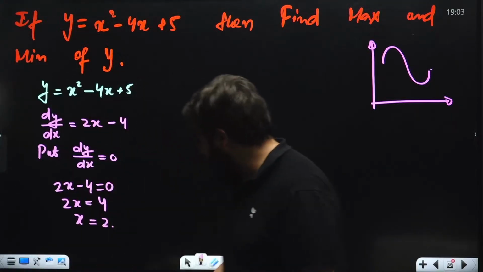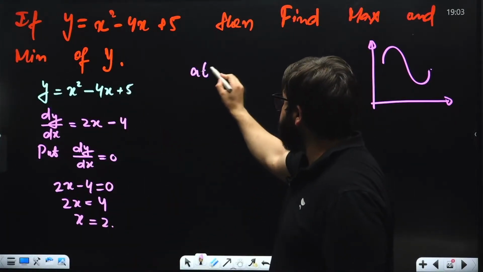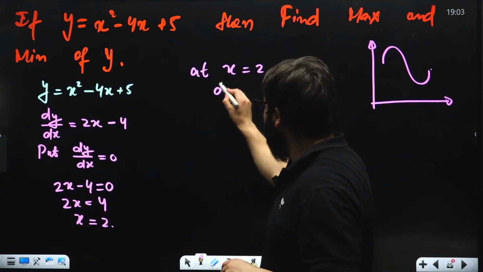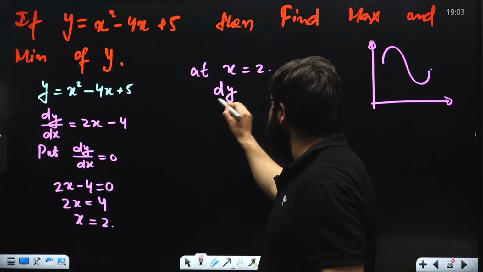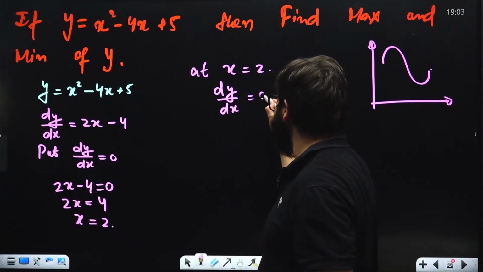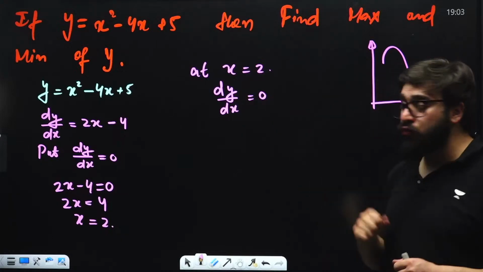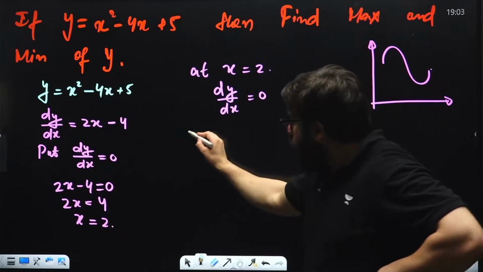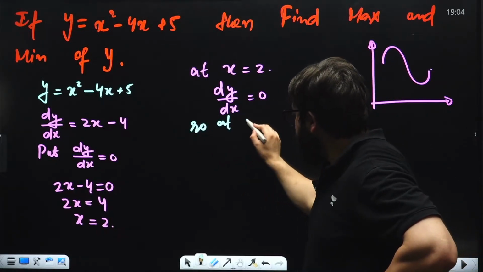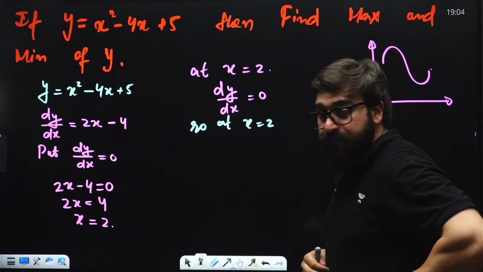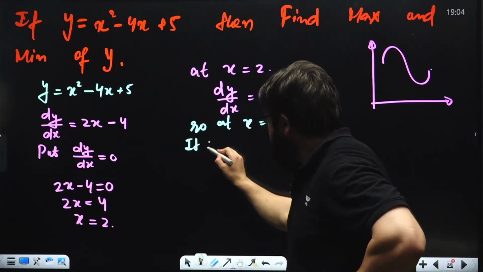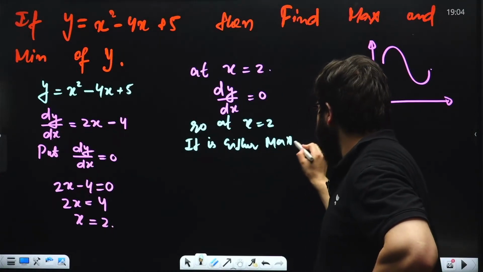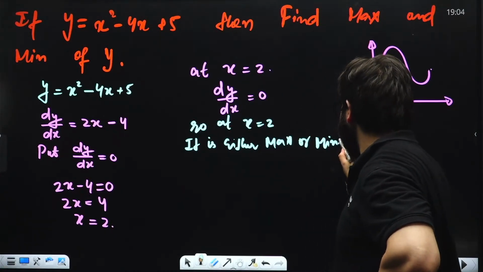So at x is equal to 2, we got dy by dx is equal to 0. So I can say at x is equal to 2, it is either maxima or minima.